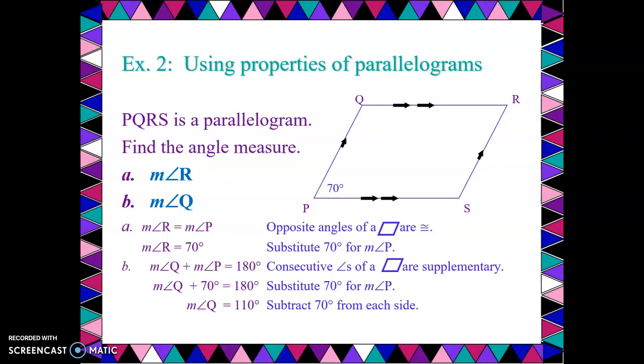So I just simply write down angle Q plus angle P has to add to 180. Again, it's a parallelogram, and consecutive angles must be supplementary. They must add to 180. Basically, what I'm doing is subtracting 70 from 180 degrees. And I come up with my answer of 110.